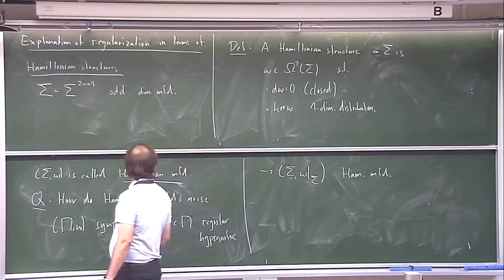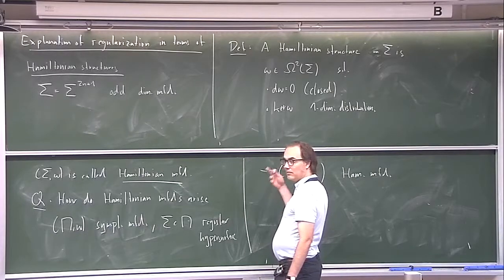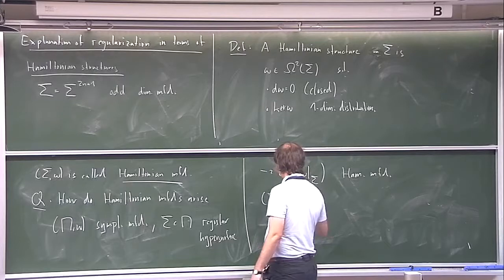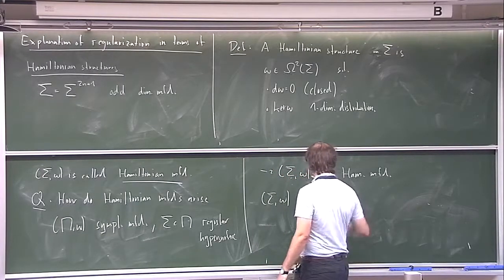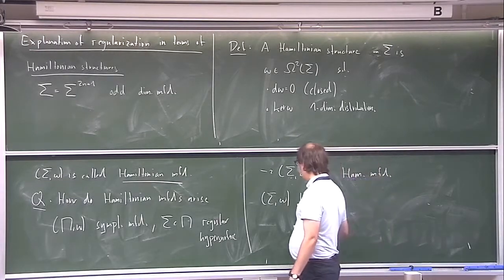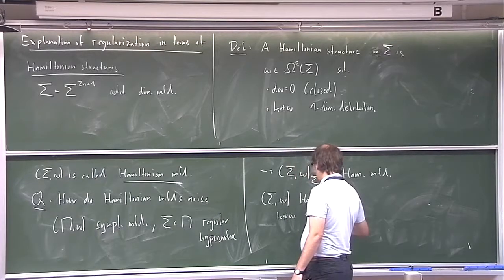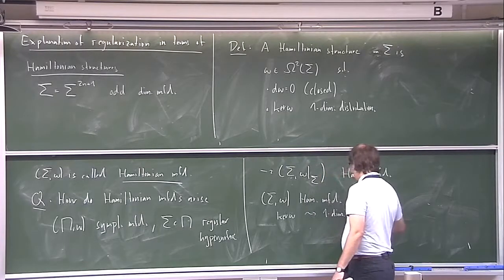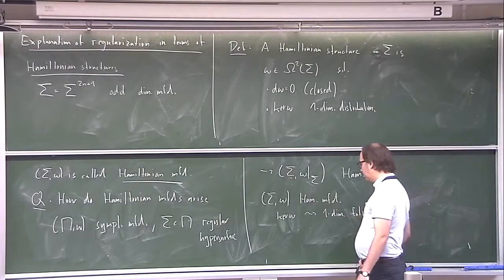And then because the kernel of omega is a one-dimensional distribution, we get a foliation. So if (sigma, omega) is a Hamiltonian manifold, then the kernel of omega gives a one-dimensional foliation on sigma.